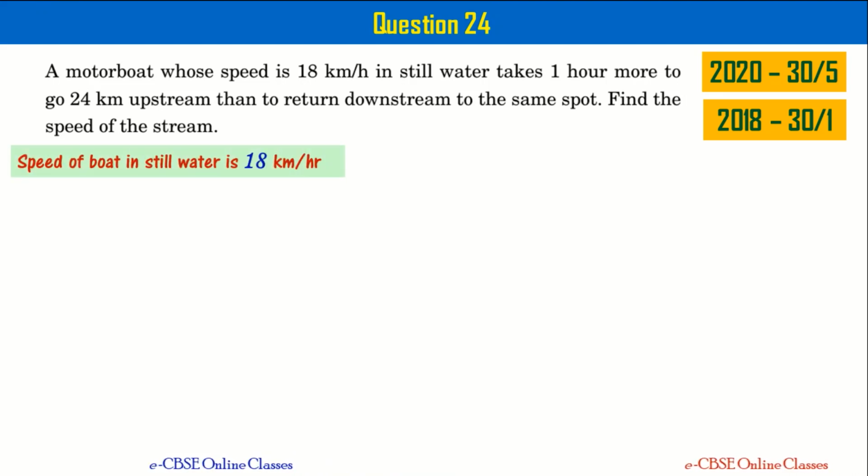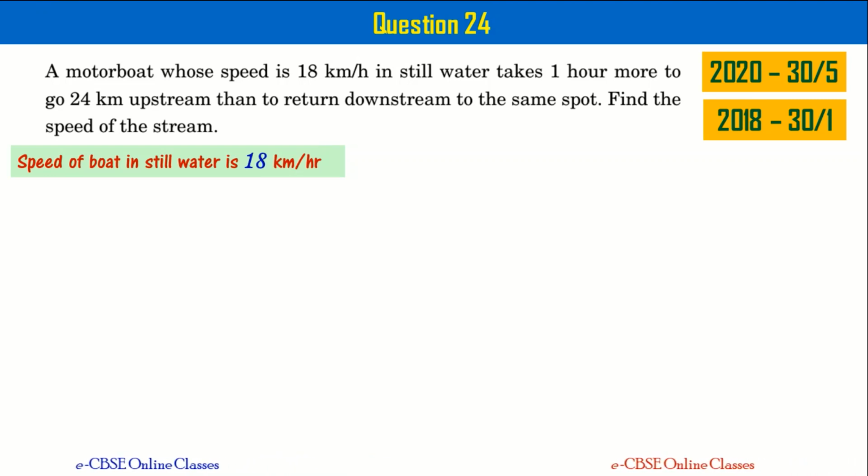It was given that speed of boat in still waters is 18 kilometers per hour. If you are going upstream, meaning against the water flow, the boat speed is going to get reduced, right? Boat speed is going to be less than 18 kilometers. Whereas if you are going along with the stream, or downstream, then speed of boat is going to increase.